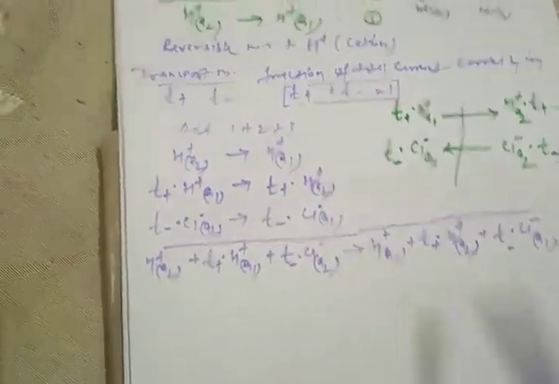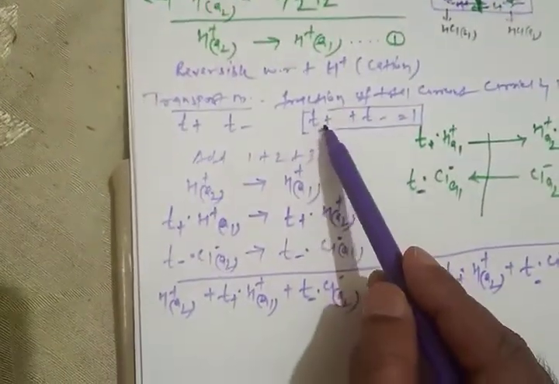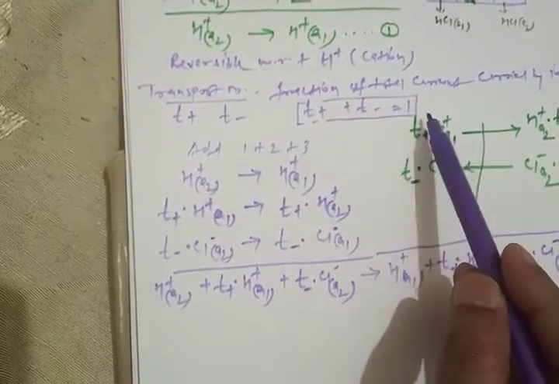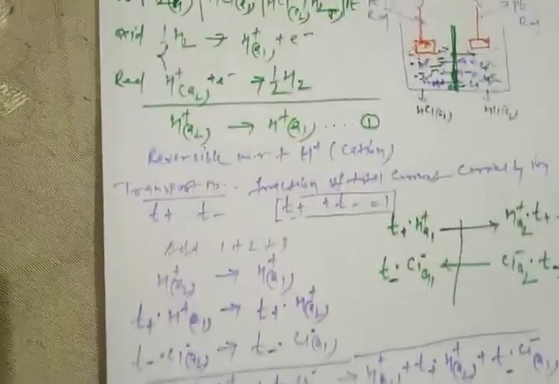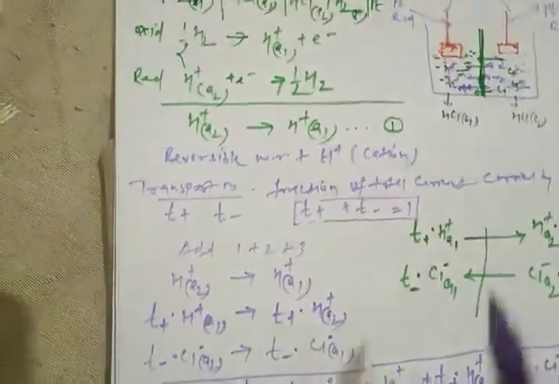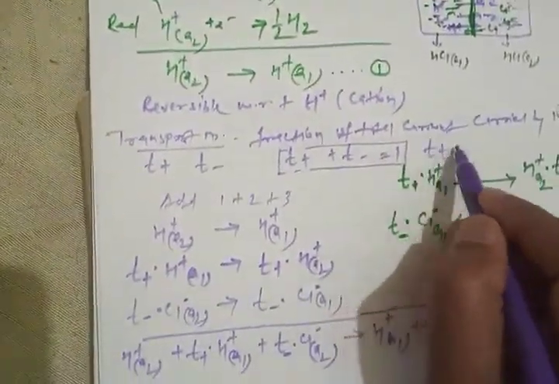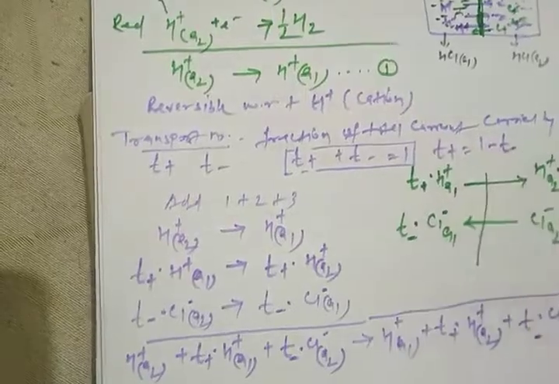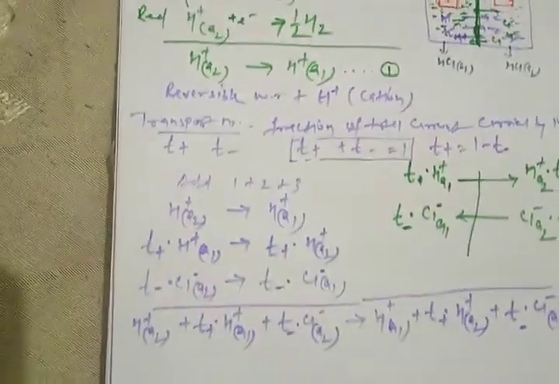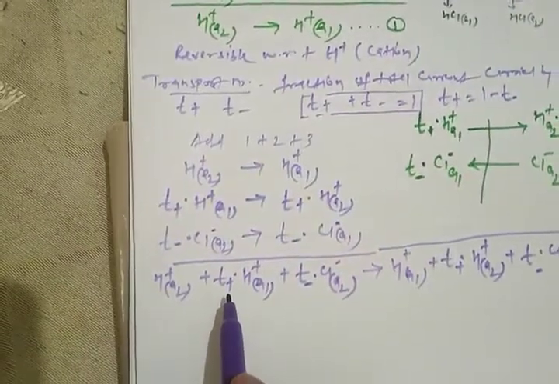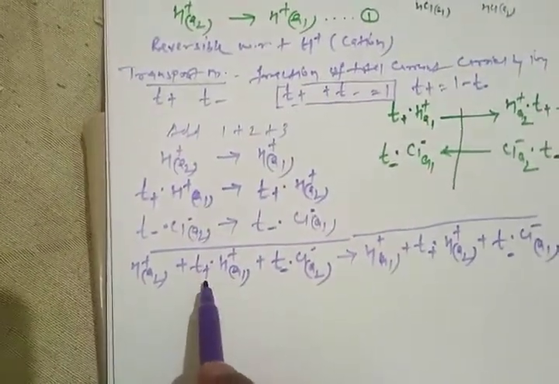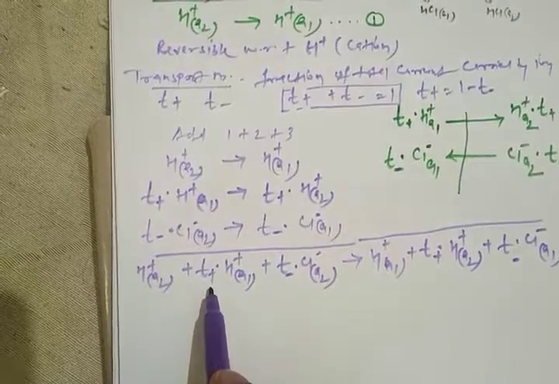So we know that T plus and T minus equals 1. So T plus equals what? 1 minus T minus. On the basis of this, we can put 1 minus T minus in place of T plus.